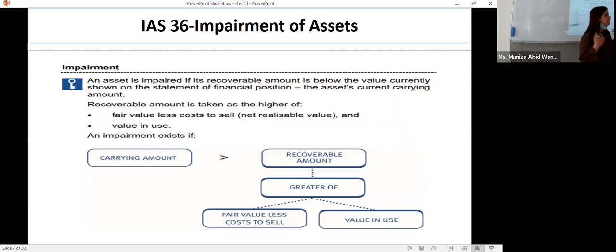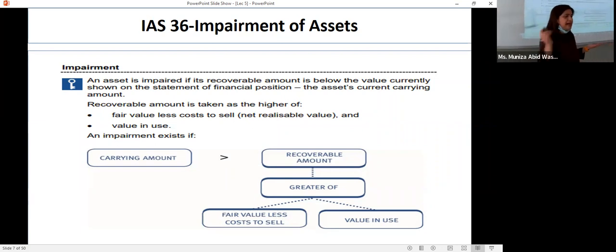Say, for example, if we want to sell an asset and its estimated selling price is $200, and before selling it, we need to rectify it. We need to renovate it a little, and that renovation rectification price is $50. So $200 minus $50 is our NRV.